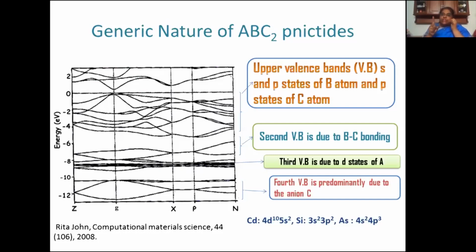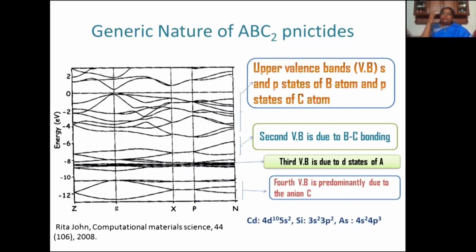And if the solid has more than one atom, like the case I have shown, ABC2, here A is cadmium, Cd, B is silicon, and C is arsenic. These are the three atoms that I have chosen. Look at the valence electrons, because we know the core electrons do not contribute to any of the properties of the solid, and we give importance only to valence electrons, right?